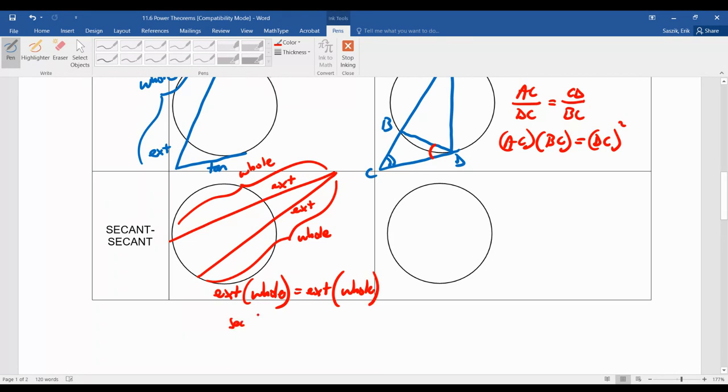Okay? So the important thing to remember here in all these power theorems, there is no external times internal. There's external times a whole in a couple of them. Okay? You can guess that we're going to do this with similar triangles as well.